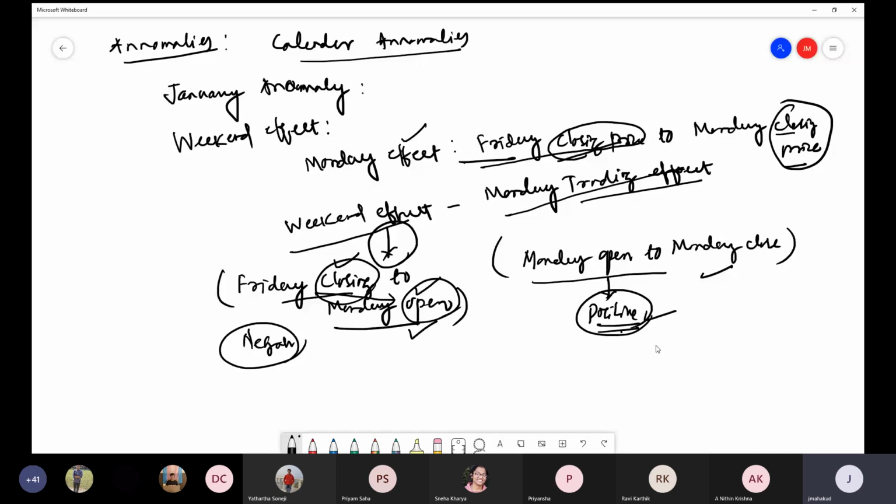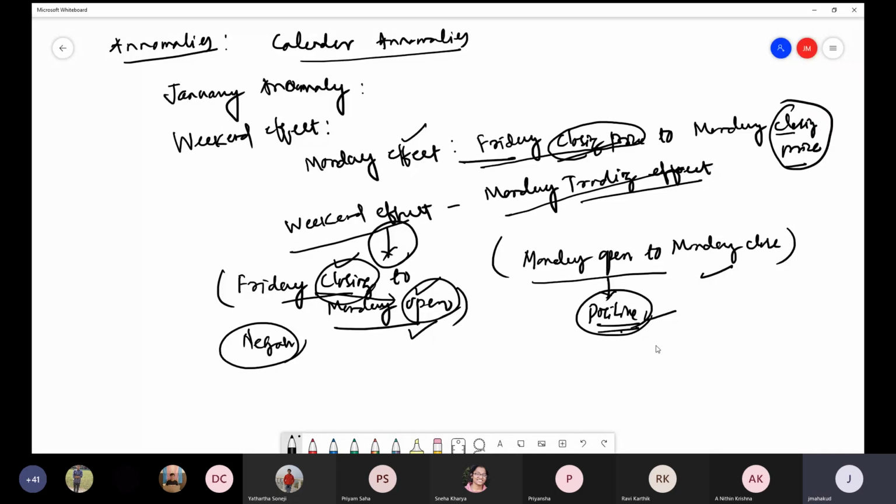Previous studies have shown that the Monday effect was on average positive in January and negative for other months, particularly in a country like the USA.